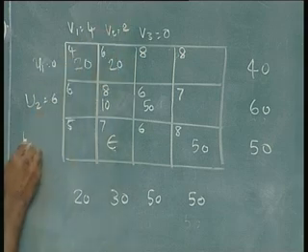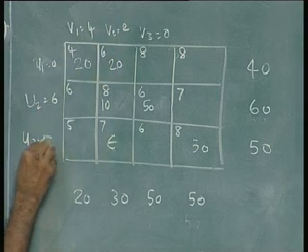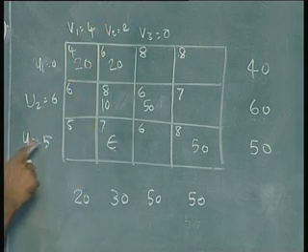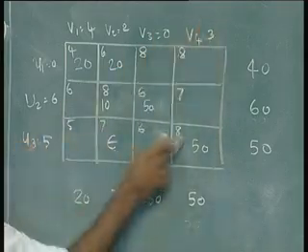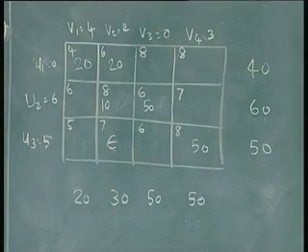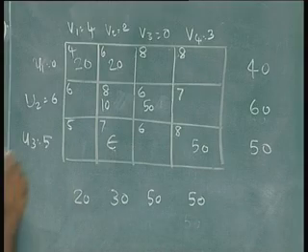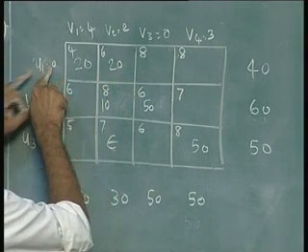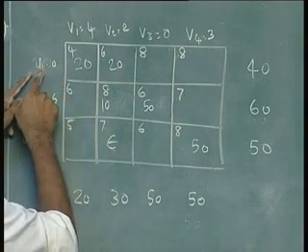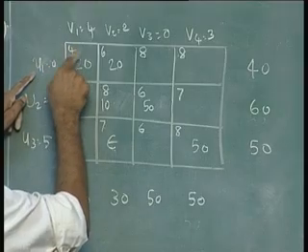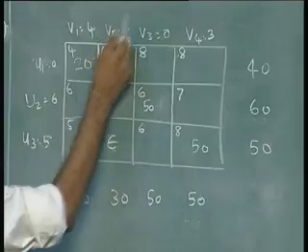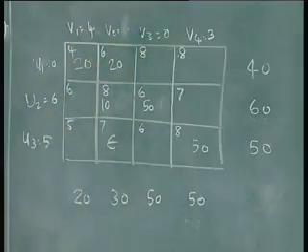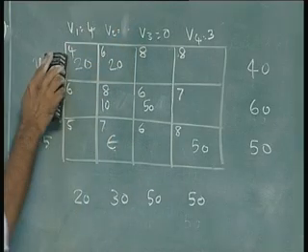From this u3 equal to 5, 5 plus 2 equal to 7, now from this v4 equal to 3, 5 plus 3 equal to 8. Now find out Cij minus ui plus vj. 0 plus 4, 4, sorry, this is 6, 0 plus 4, 4.